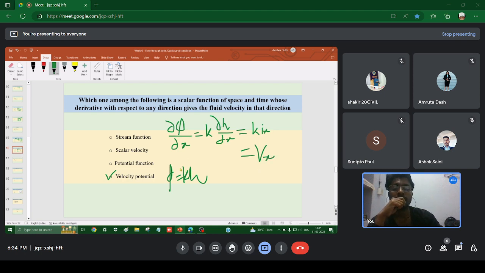So this velocity potential is a scalar function of space and time whose derivative with respect to any direction gives the velocity in that direction. Here we have found the derivative with respect to the x direction, and it has given us the velocity in that direction. Okay, clear everyone?